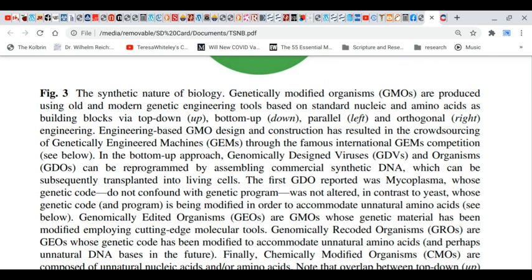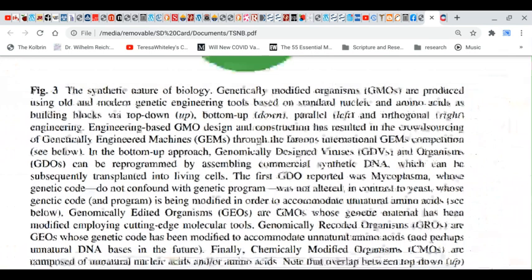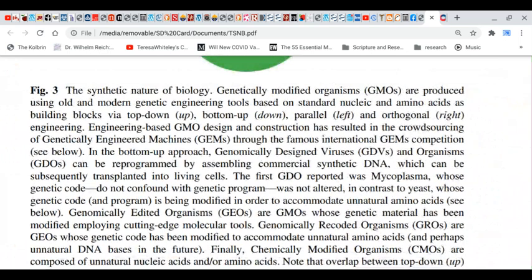The first GDO, or genetically designed organism, reported was Mycoplasma, whose genetic code, do not confound with genetic program, was not altered, in contrast to yeast, whose genetic code and program is being modified in order to accommodate unnatural amino acids.